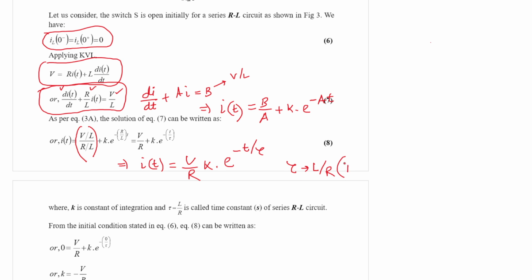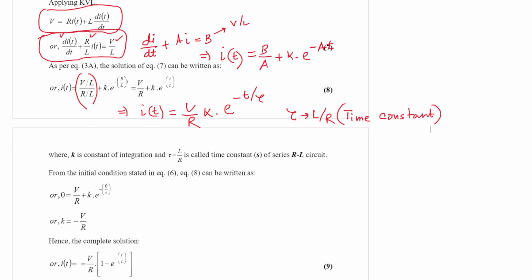It's called the time constant. So L by R is called the time constant. Let us understand the significance of tau very shortly. For the time being, just consider tau is equal to L by R of a series RL circuit.